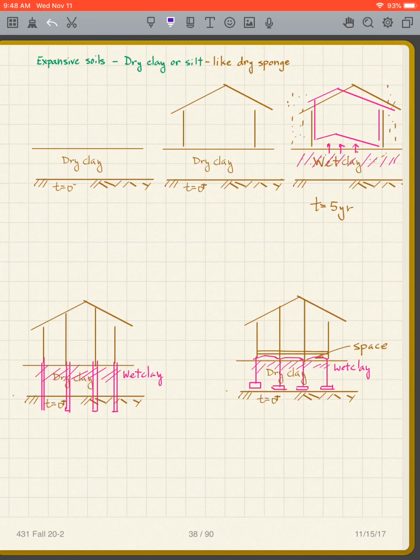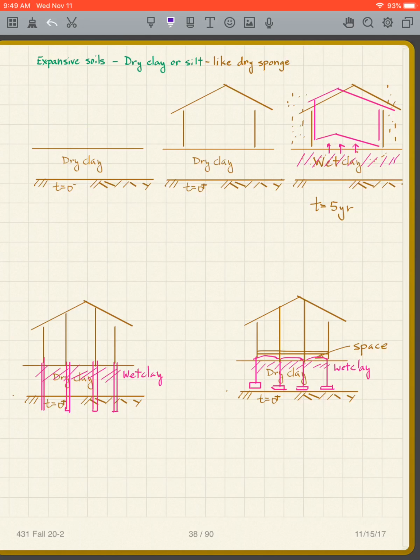Then when you wet that sponge, it gets bigger again. So the same thing with this clay. It shrinks when it dries out, and then if it's dry and then you get it wet, it will get bigger. And so that's the concept behind it, in a sense. You can envision it with a sponge, and clay acts much the same way.